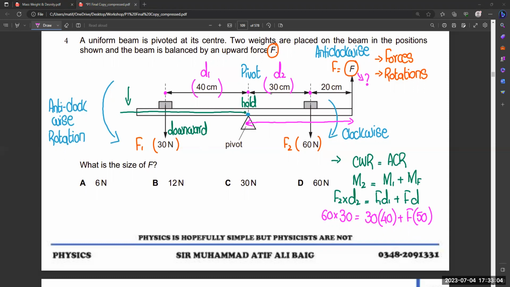Yeah, sir, I'm getting B, 12 newtons. I confused the 20 centimeter for 50. Okay, so we are getting option B, 12 newtons, right?